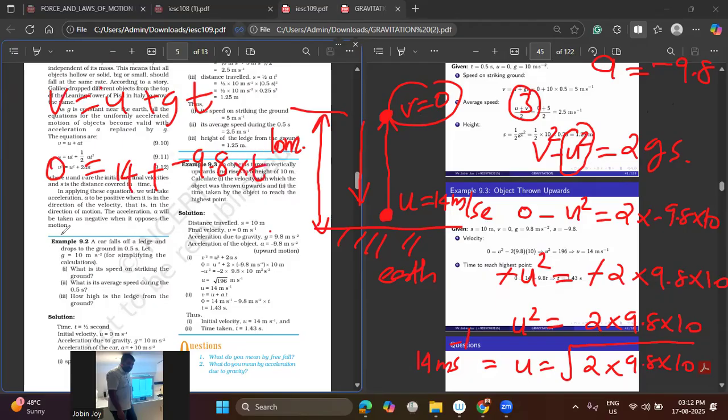So I can write 14 is equal to 9.8 into t. I am shifting this minus 9.8 t to the left side, so it becomes plus. So 9.8 t is equal to 14.